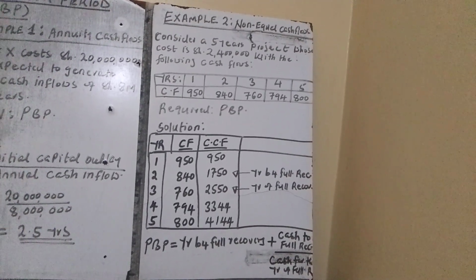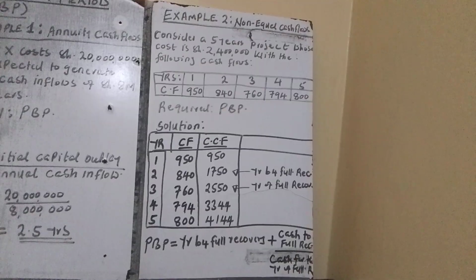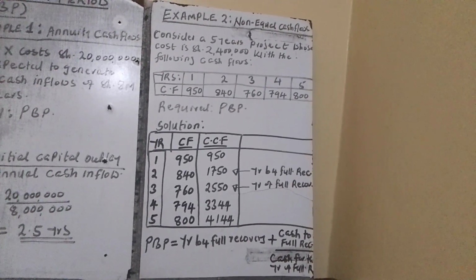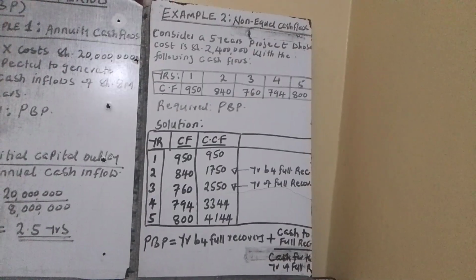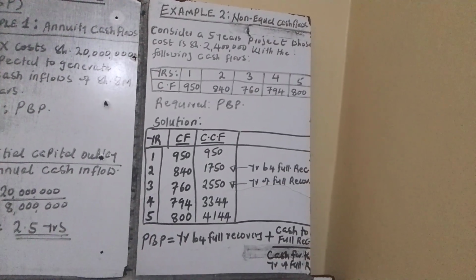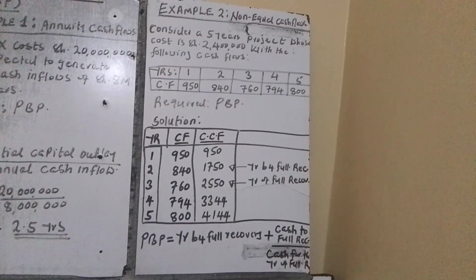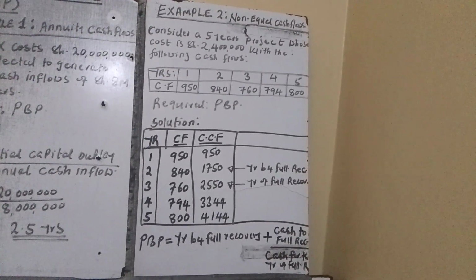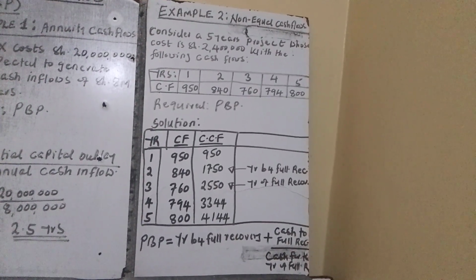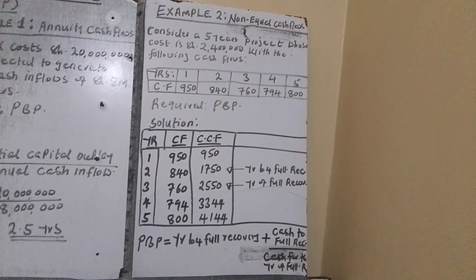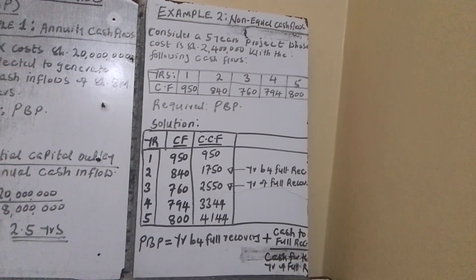So if you take 1750 plus 760, you get 2550. So it means in year 3, we have already generated more than the 2.4 million. It implies that 2.4 million, the initial capital outlay, is between 1750 and 2550.